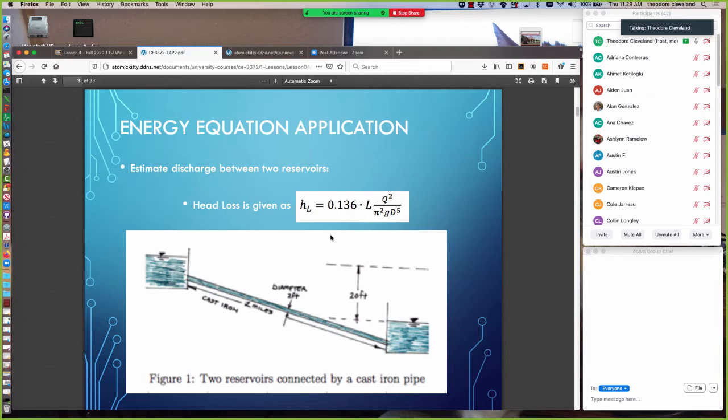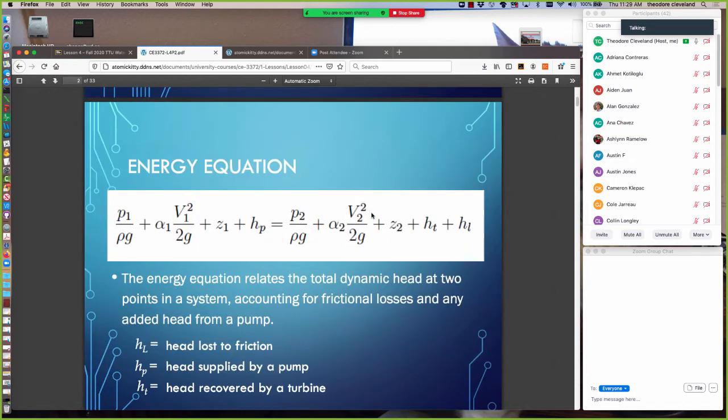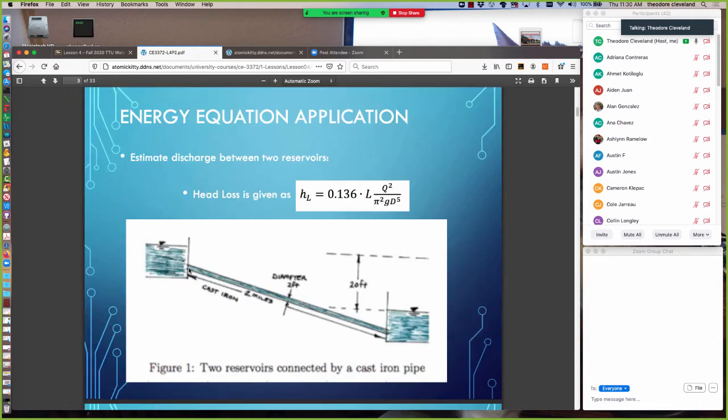So the energy equation, if we were to apply it, we would come up with the total head at reservoir 1, there's no pump in it, equals the total head at reservoir 2, plus the head loss from 1 to 2. Well, the total head at reservoir 1, we don't know what it is, and we don't know what the total head at reservoir 2 is, but if we take this term and subtract it from the left side, we get H1 minus H2, which in the picture we're told is 20 feet.